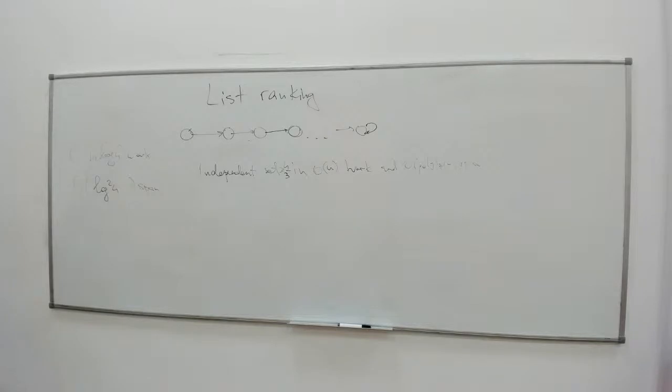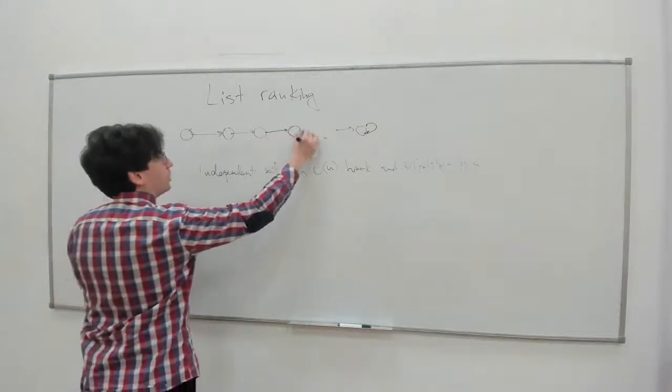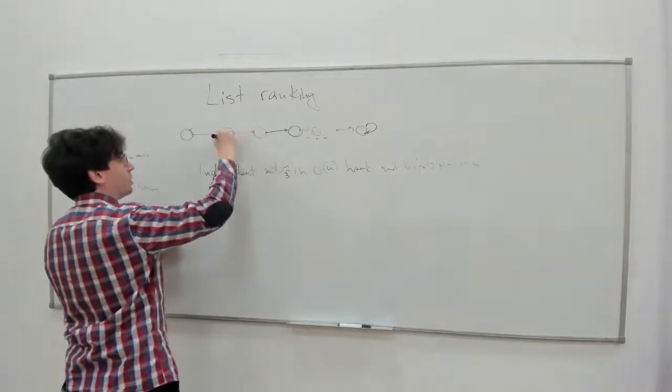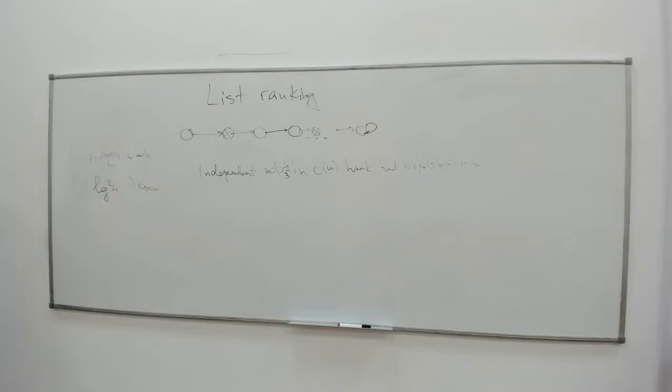So if we get an independent set, for example, this guy and this guy are in our independent set. What can we do with that? Can we throw these elements away?